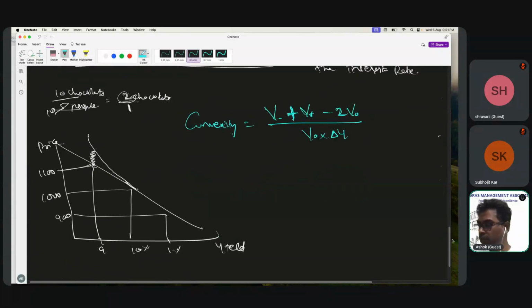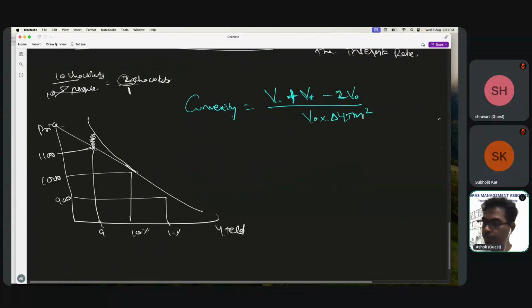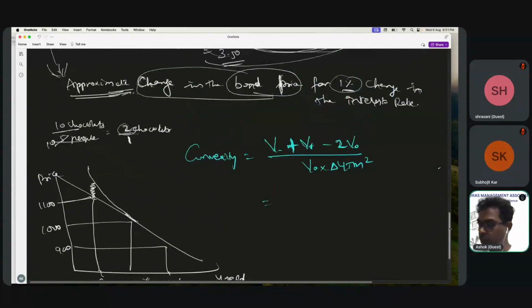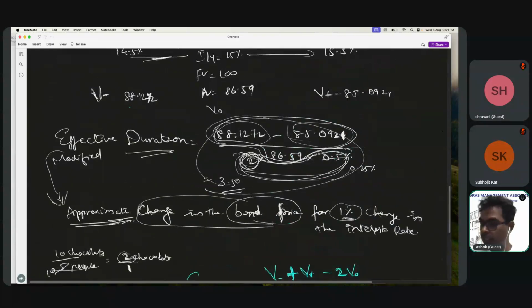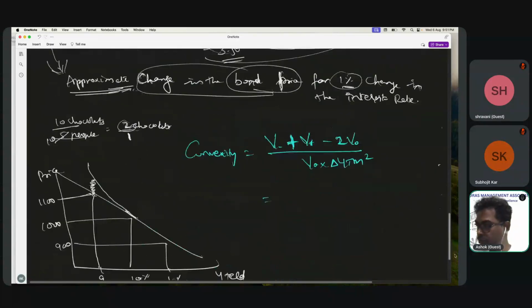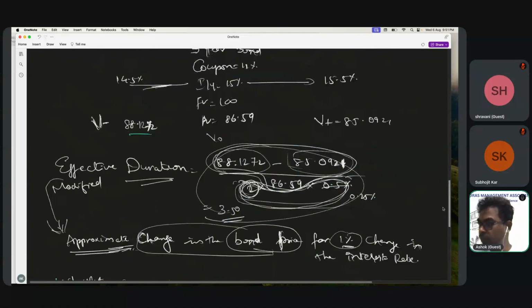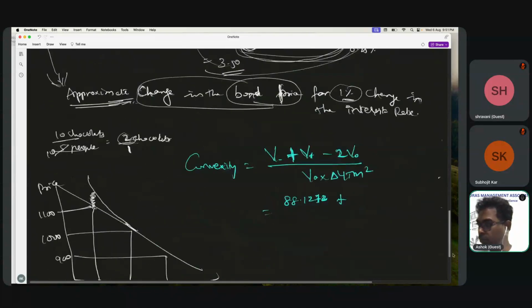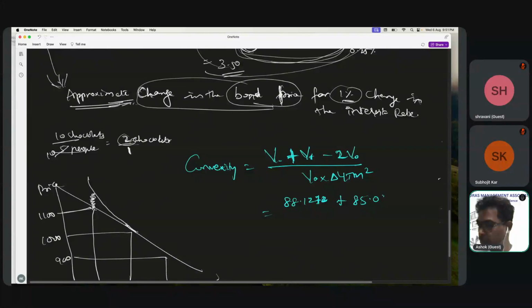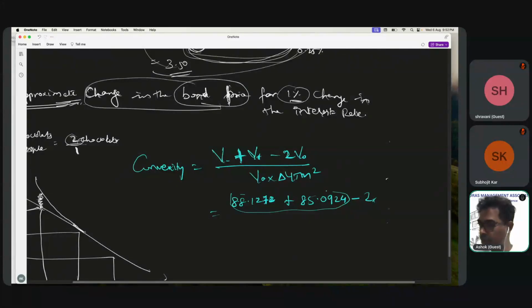Now what does this mean? V minus is 88.1272. Then plus V plus is 85.0924, minus 2 times V0, because twice I am taking.